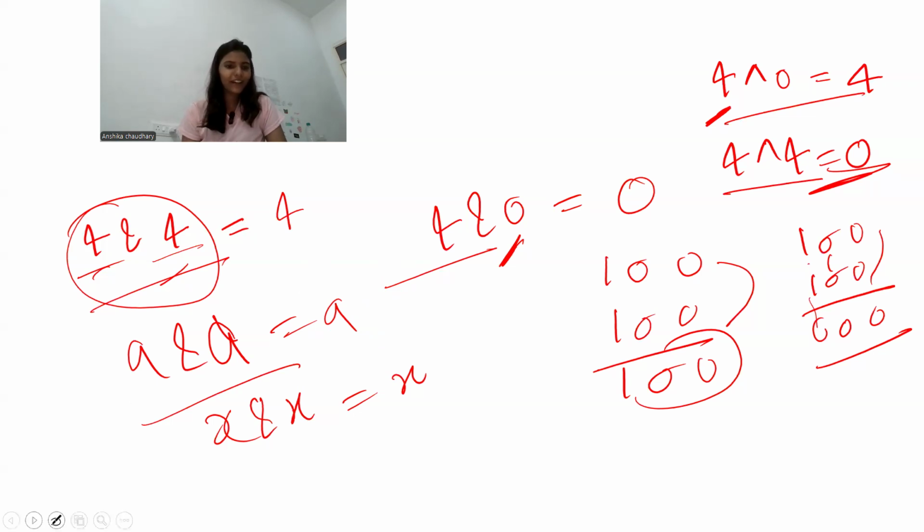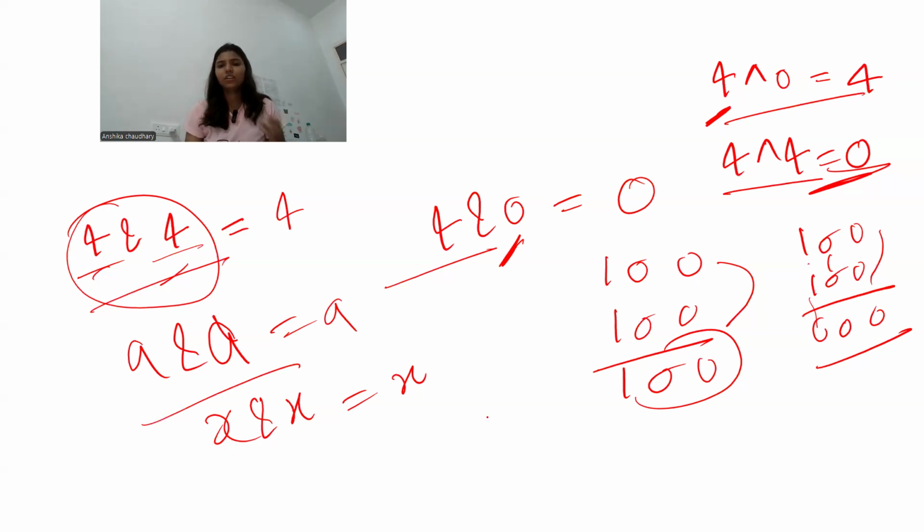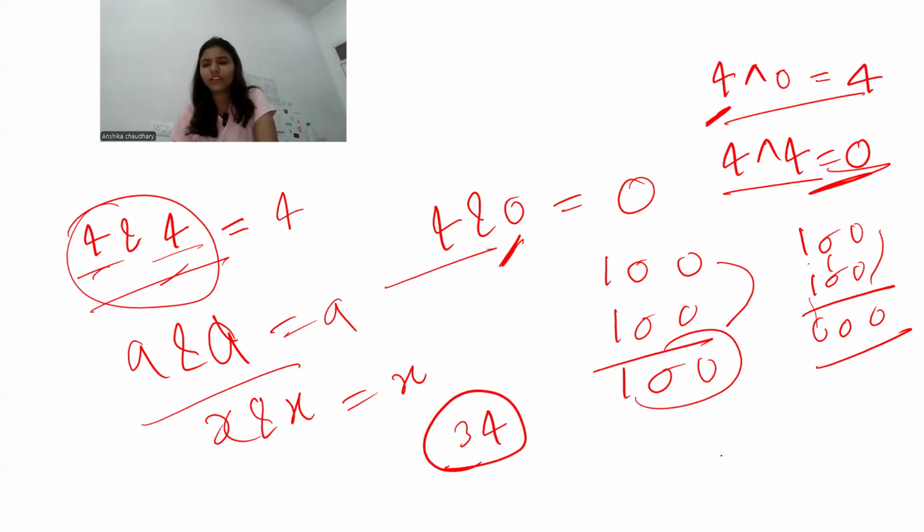Okay, so I think I have discussed almost all the things. And also suppose you have to check for 34. What will be the binary code of 34? You don't need to worry that you have only 8421. See, this is nothing but 2 raised to the power 0, 2 raised to the power 1, 2 raised to the power 2, 2 raised to the power 3.